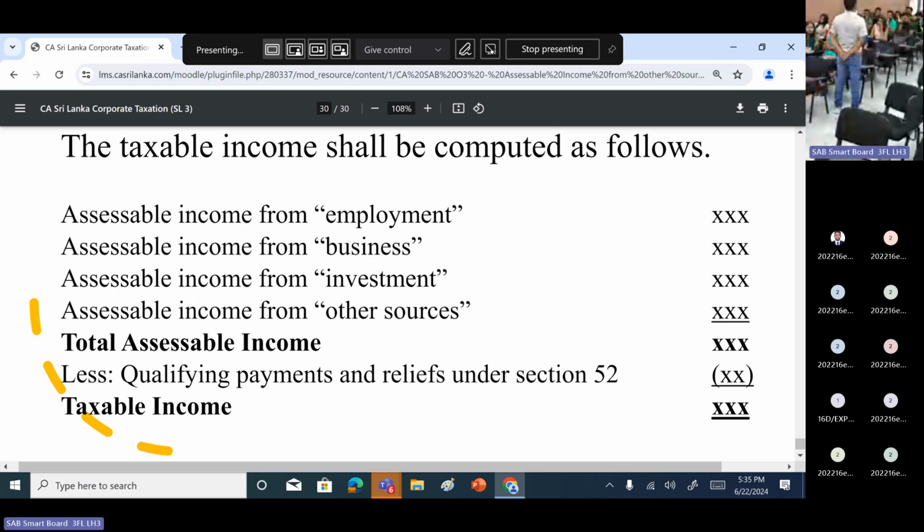The company registered in my name. That particular individual is having a building. He is renting it out to the company.